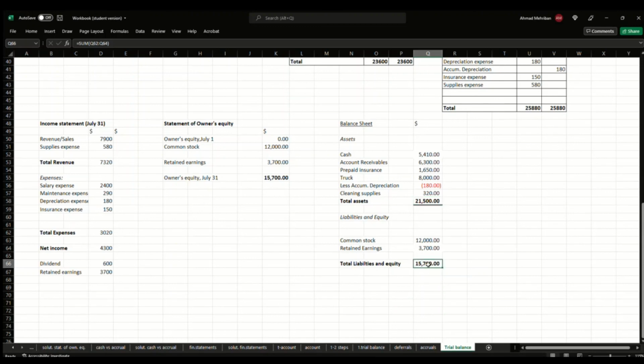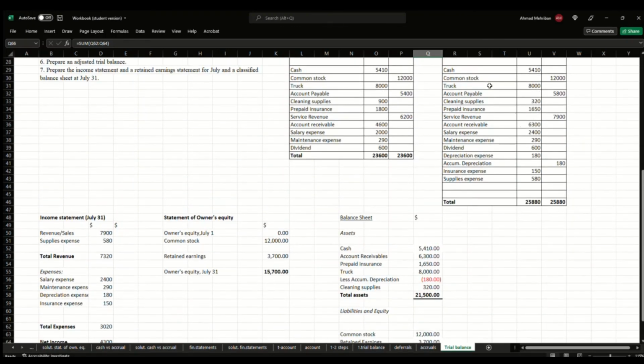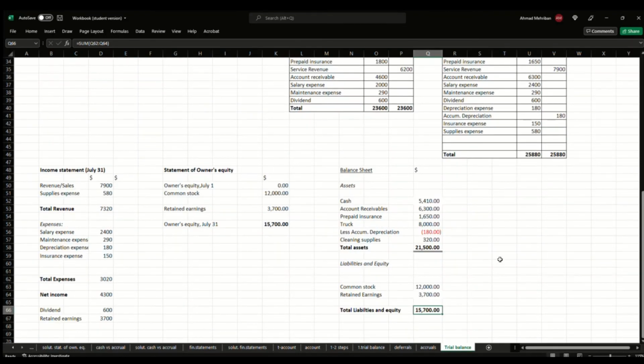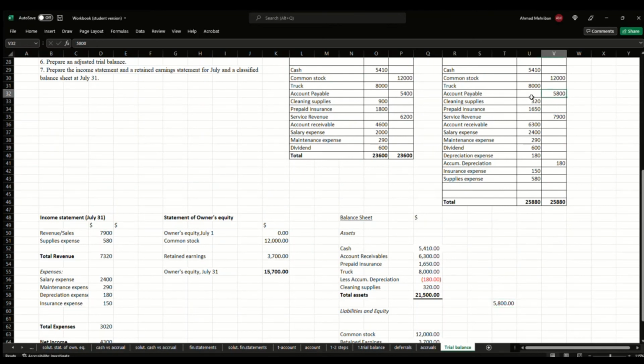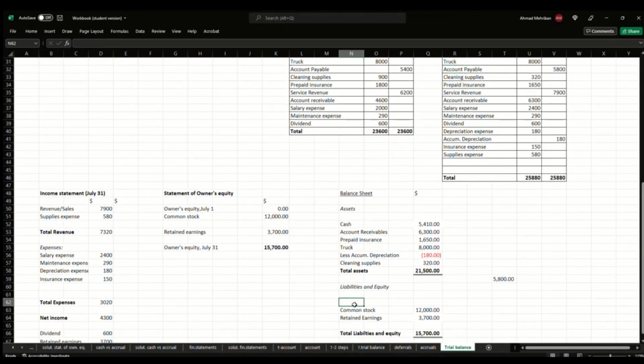One of the ways to find out what we have missed is to simply deduct 15,700 from 21,500, so that's 5,800. And you can immediately find that we have forgotten to add accounts payable, which is our liability account, so we add 5,800 to the liabilities.